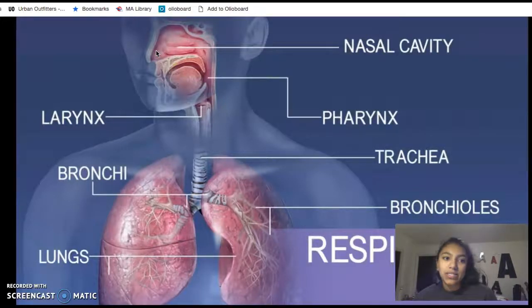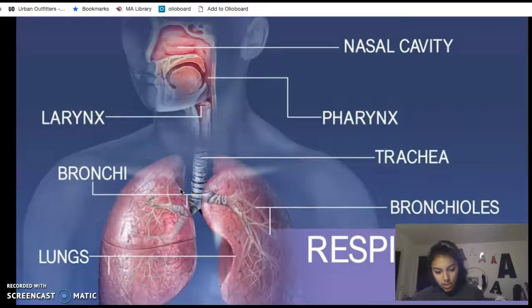And after it passes through the epiglottis, it then reaches the trachea, which is pretty much like a windpipe with C rings of cartilage, which lead to the bronchi down here, as you can see.